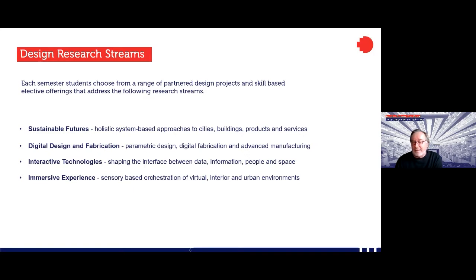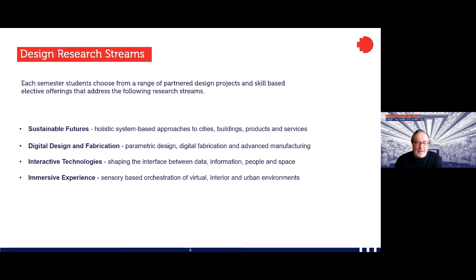Digital design and fabrication, which looks at parametric design, digital fabrication and advanced manufacturing. Interactive technologies, which is about shaping the interface between data, information, people and space. And immersive experience, which are sensory-based orchestrations of virtual, interior and urban environments.